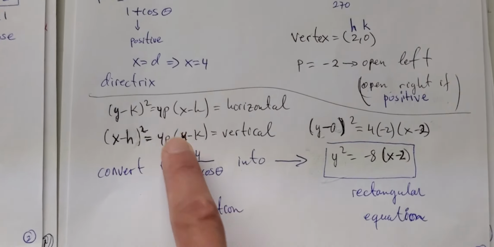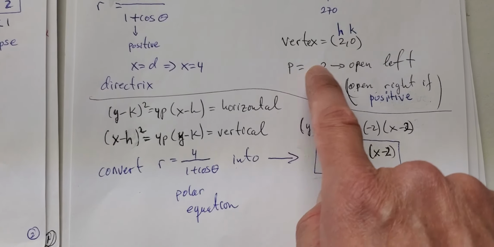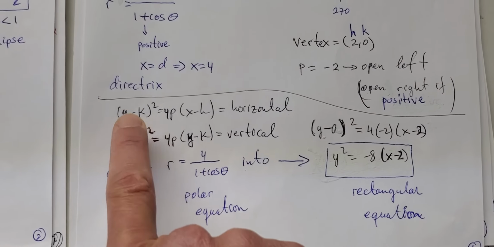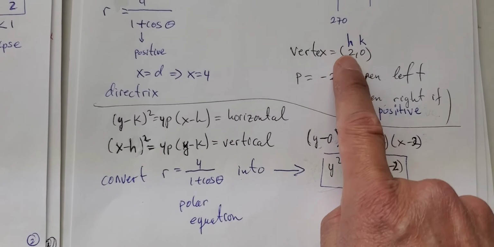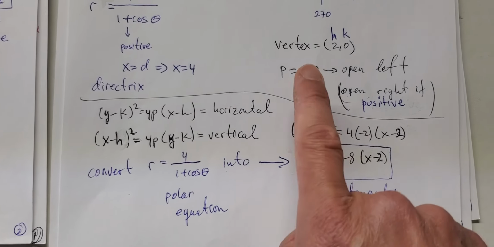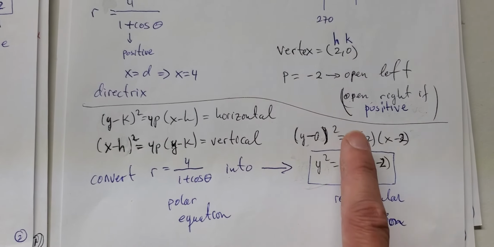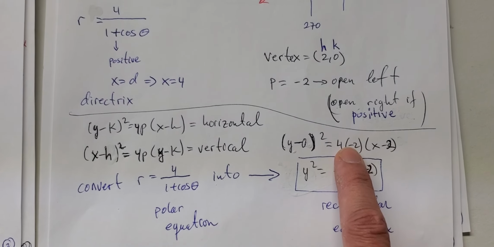We know our vertex is (2, 0), and we know our p is -2, so just plug them in. k is 0, h is 2, and p is -2.